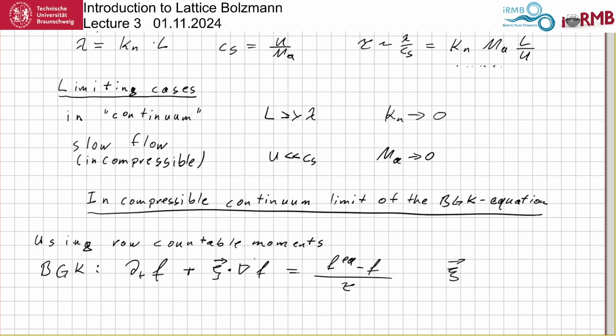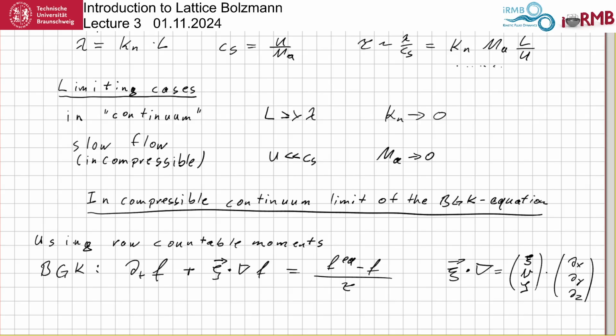In particular, this directional gradient term, where we have the microscopic velocity, and we write it in its components xi, upsilon, and zeta. These are the three components of microscopic velocity, and they go into these partial derivatives in space, dx, dy, and dz.